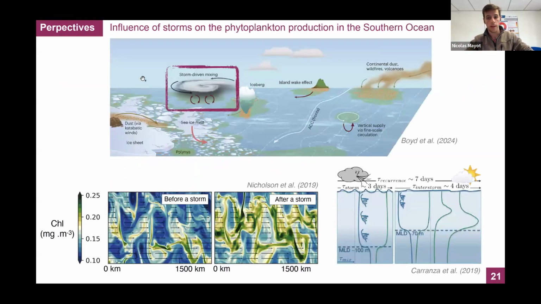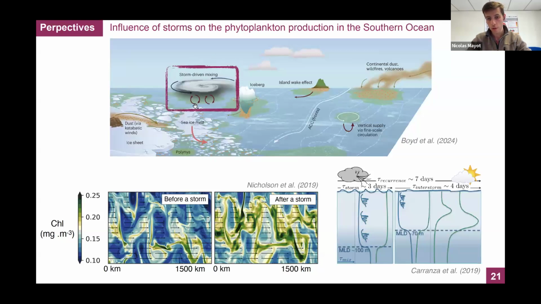And finally, as I said, I have obtained a fellowship from the French Space Agency to study the influence of storms on the phytoplankton production in the Southern Ocean. By using the framework that I presented, like the regionalization, I will now be able to study within a region what the influence of a storm on the phytoplankton production is, to see if it induces some anomalies in the average seasonal cycle that I've been showing you before.